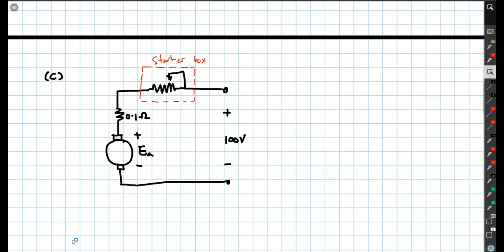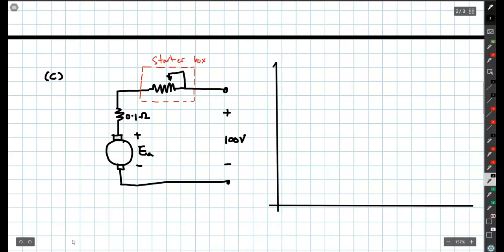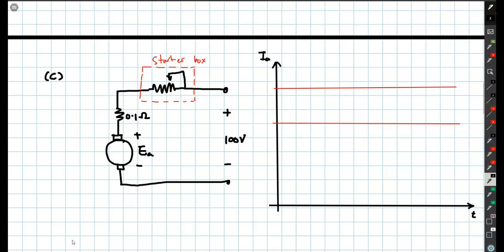So if we draw the armature current graph, the armature current has to be limited within 200 and 100 ampere.